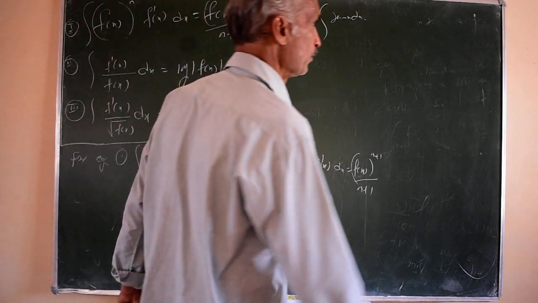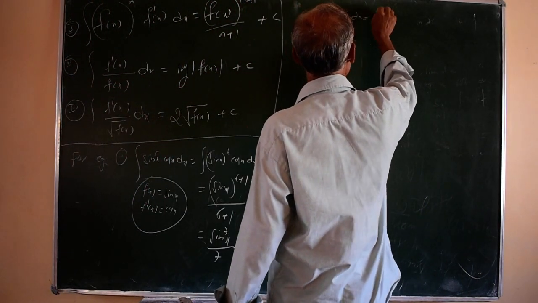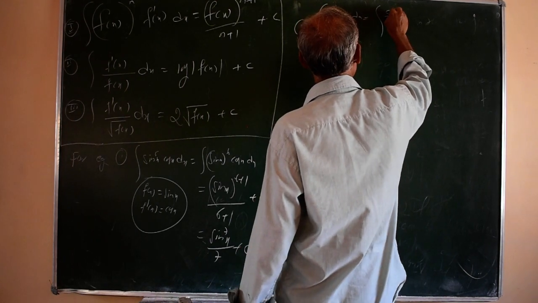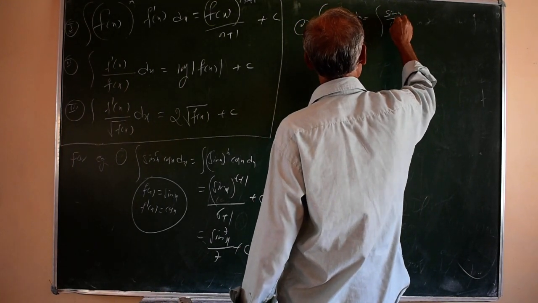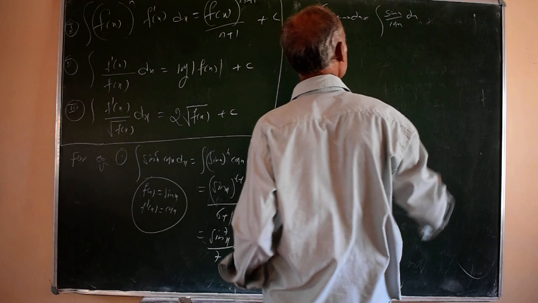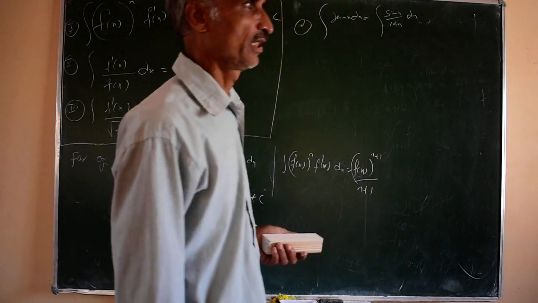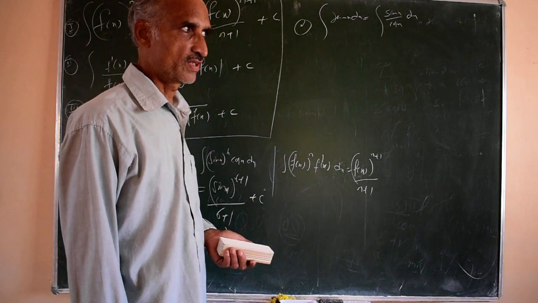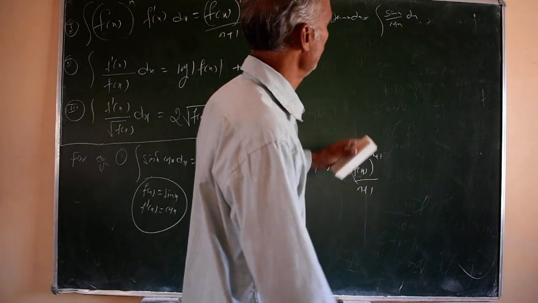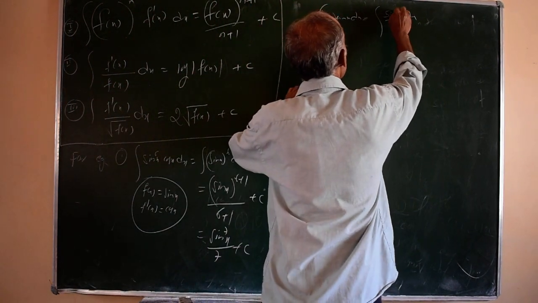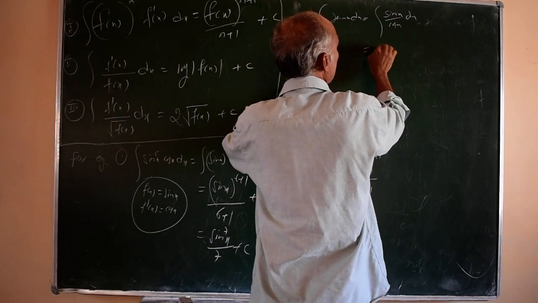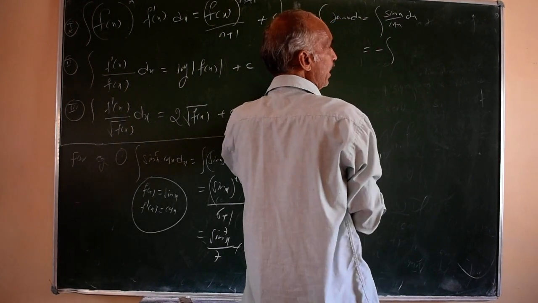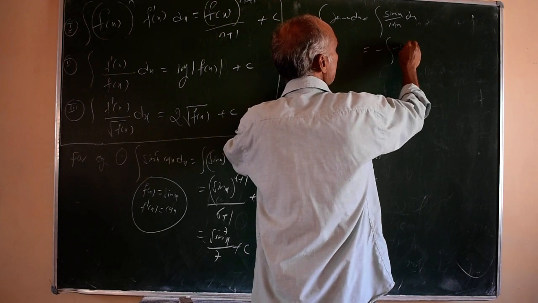By this formula, it is equal to the integration of tan x, which is sin x by cos x. Now what is the differentiation of cos x? It is minus sin x, but in the numerator only sin x is there. Therefore, I will make an adjustment on the minus. I will write minus of minus.